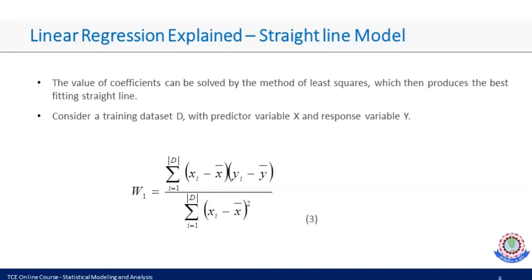So with this equation, we can calculate the value of W1 for estimating the equation of straight line in regression analysis. Here x bar is the mean value of x1, x2, x3 up to xn, and similarly y bar is the mean value of y1, y2, y3 up to yn respectively.